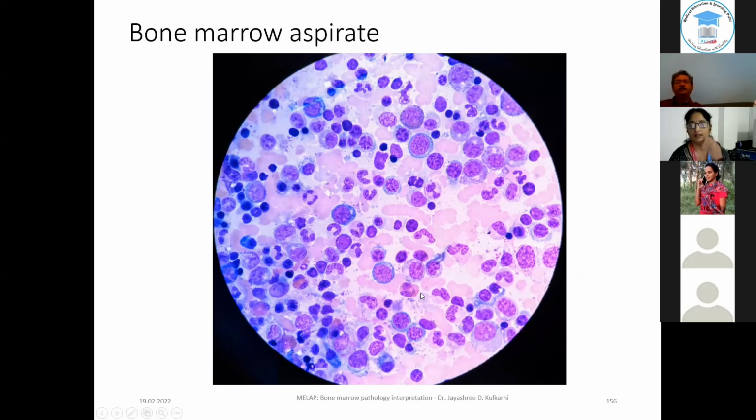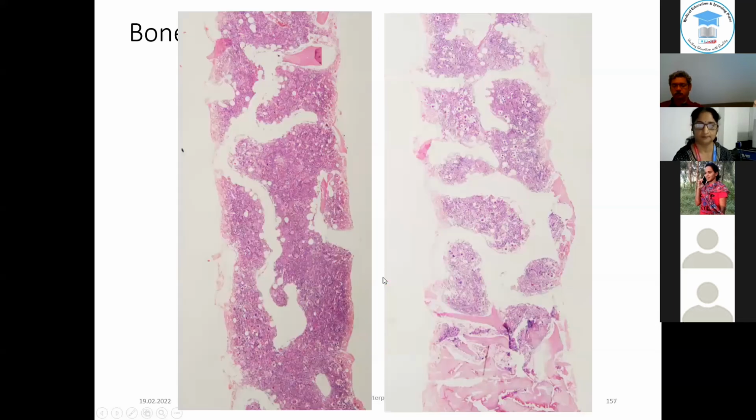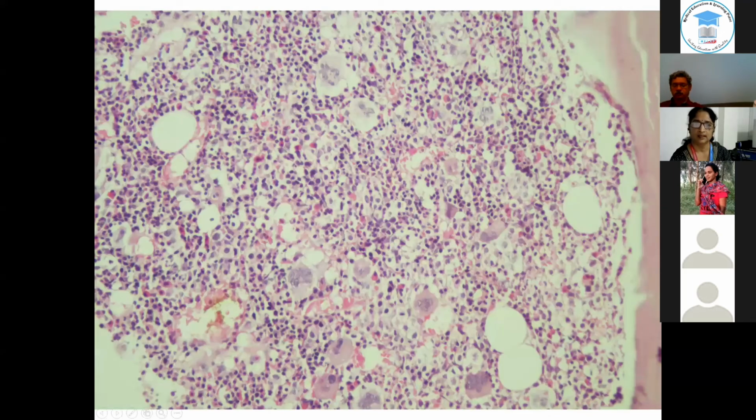Now, in a normal marrow, the pro-normoblasts will be minimal in number compared to the intermediate and the late normoblasts. Whereas here, in any neoplastic process, you see that the pro-normoblasts will be increased. The marrow is quite hypercellular, and you can also see an increase in megakaryocytes.